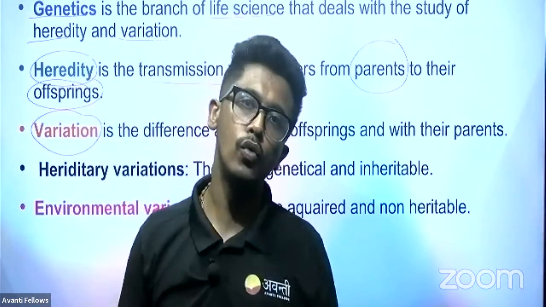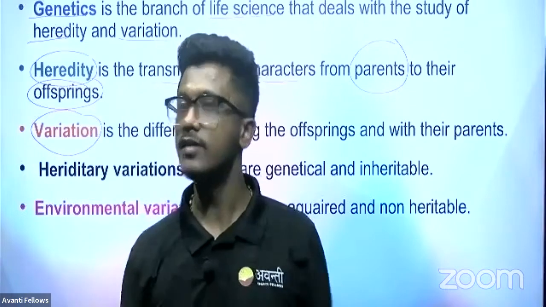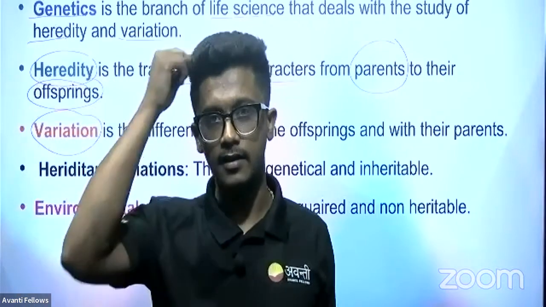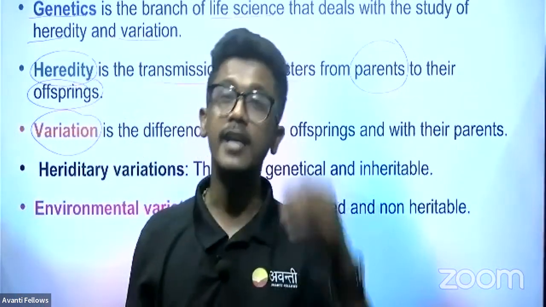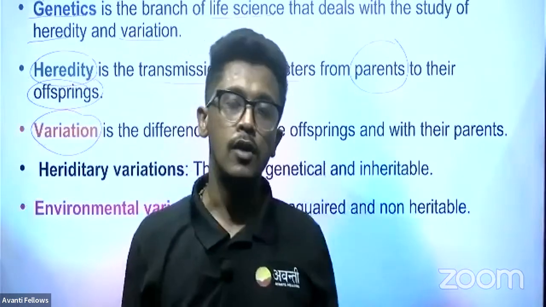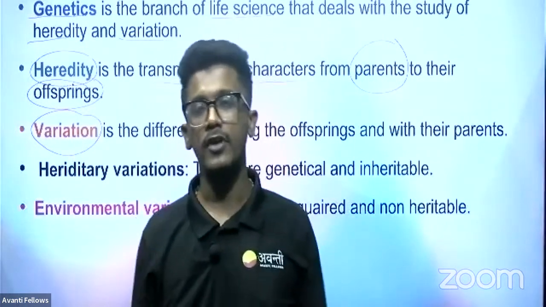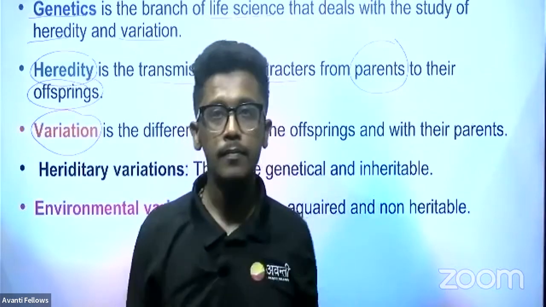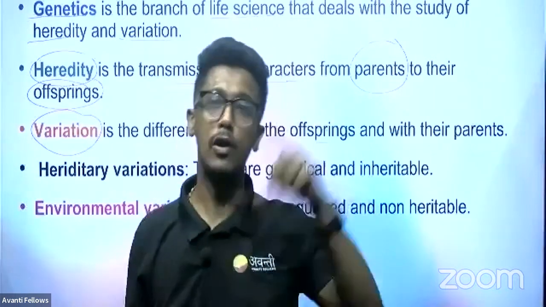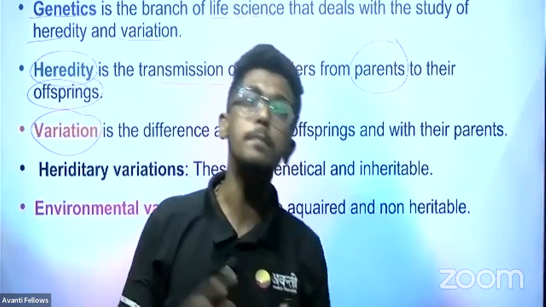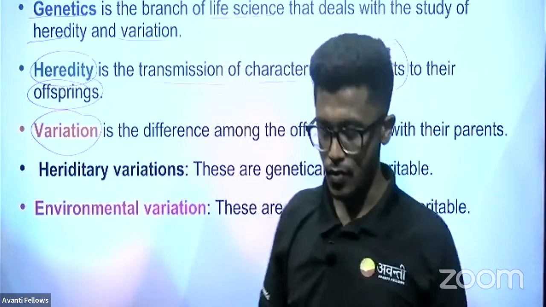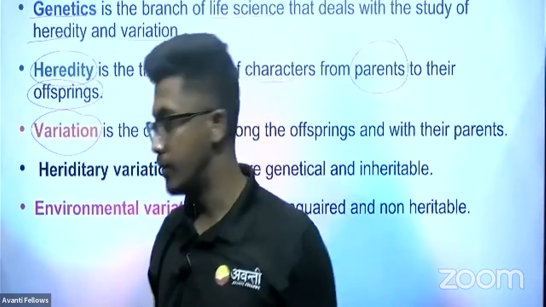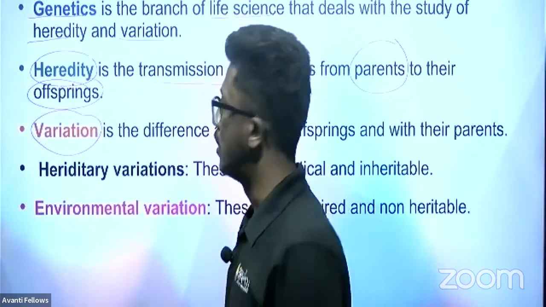The daughter will be very similar to the mother: the facial characteristics, the skin tone, the texture of the hair, the intelligent quotient, the height would be very similar to that of the mother. Whereas the son would be taller than the parents, dark skinned, and his intelligent quotient might be low or very high. So very non-parental. Whenever you have characteristics that do not resemble the parents, these are called variations.